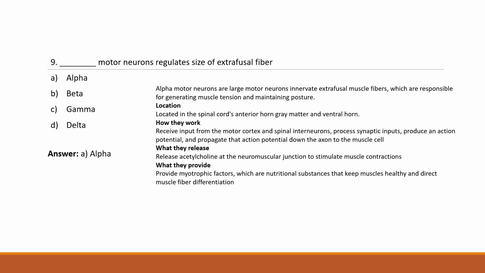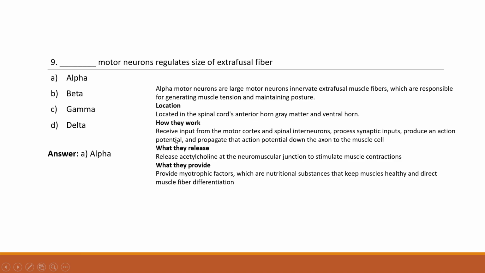So basically the function that they do is the same, or similar, but the location differs. Your extrafusal requires a different set of neurons, and then your intrafusal requires a different set of neurons. That is your alpha and gamma. So these are located in your spinal cord's anterior horn region, the anterior horn gray matter, and your ventral horn.